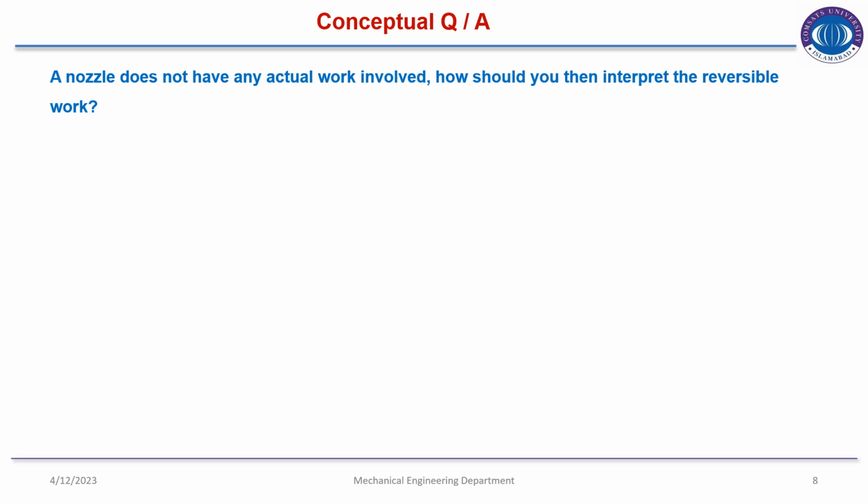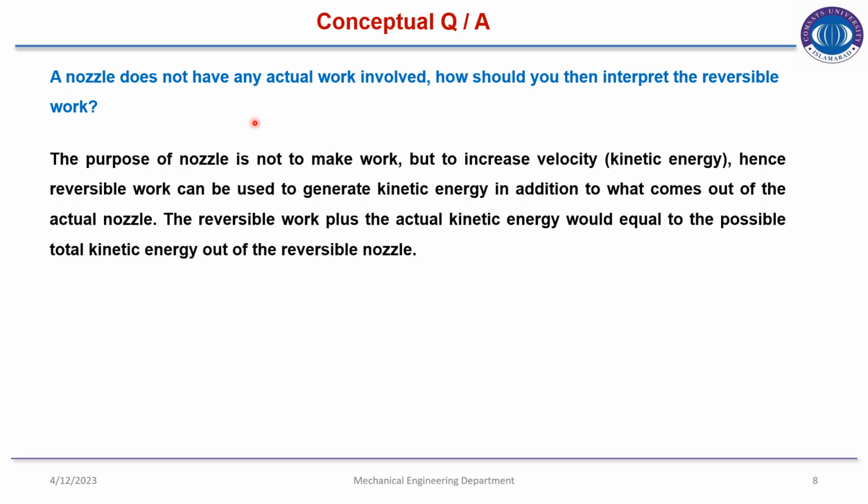A nozzle does not have any actual work involved. How should you then interpret the reversible work? Here we have been asked how you will represent a reversible work when the fluid is flowing within the nozzle. The purpose of a nozzle is not to make work but to increase the velocity, because the function of a nozzle is to increase velocity and decrease pressure.